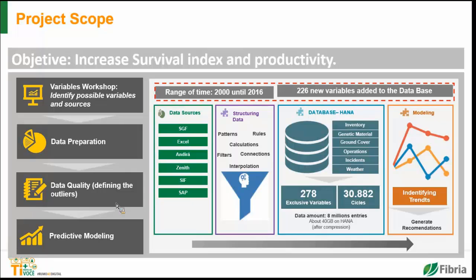So we have here just some context. We have data sources. We have SGS, which is an ERP that we have here in Fibria, most focused on the forest data, and it has a lot of interface with SAP. And we have all the other data sources that we need to connect, like the weather one and the spreadsheet that has a lot of data that we need to use in this project.